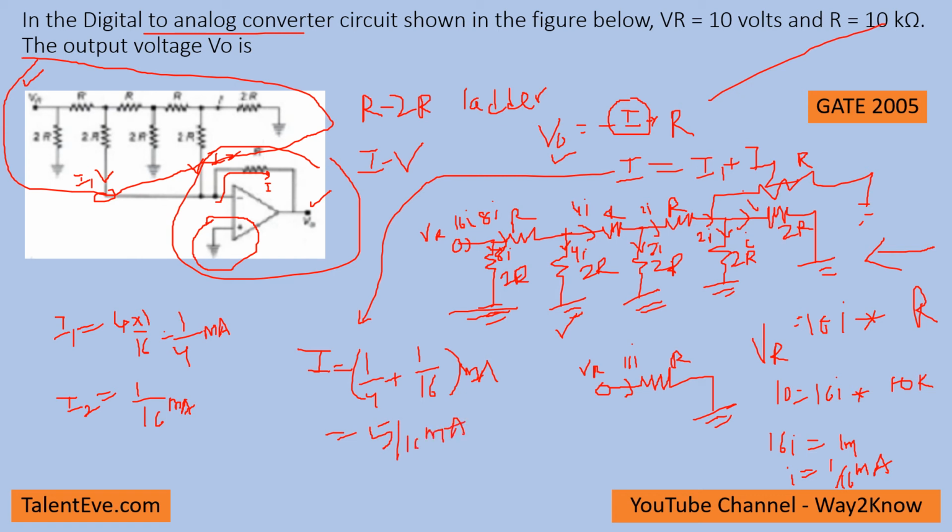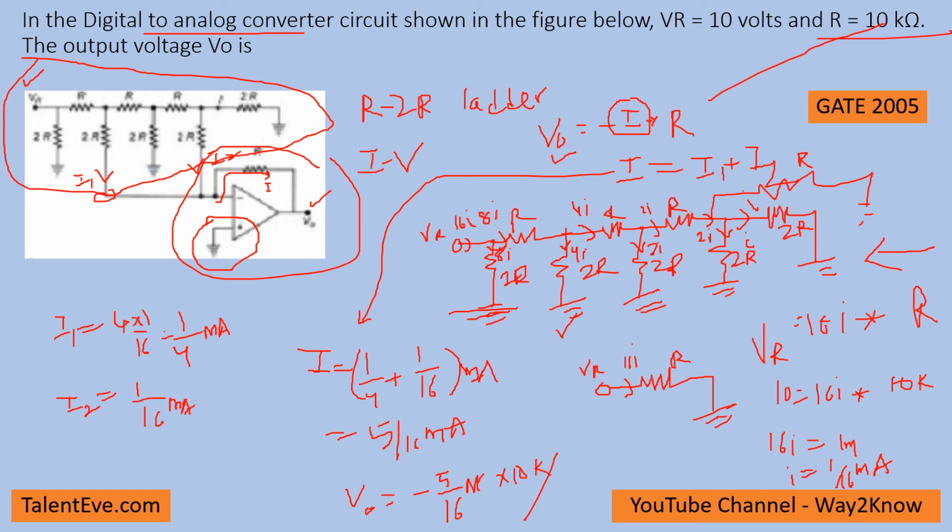So V0 is minus I, where I is 5 by 16. As this is an inverting terminal and we treated it as a ground, the current will be in reverse. So minus 5 by 16 milliamps into 10K, because R is given as 10K here.